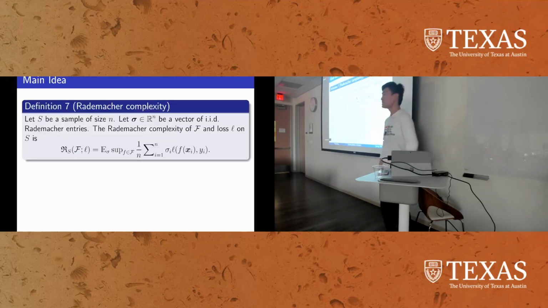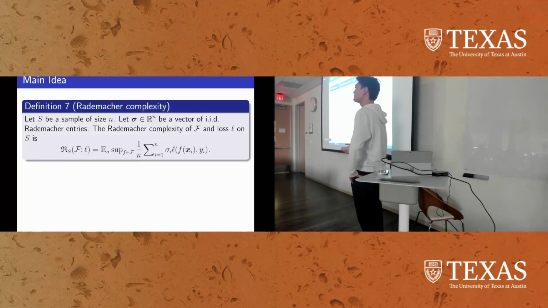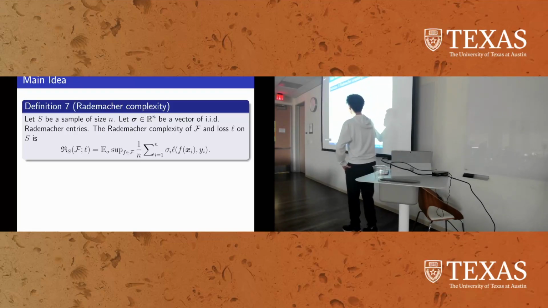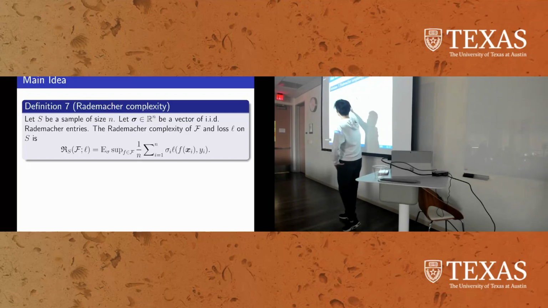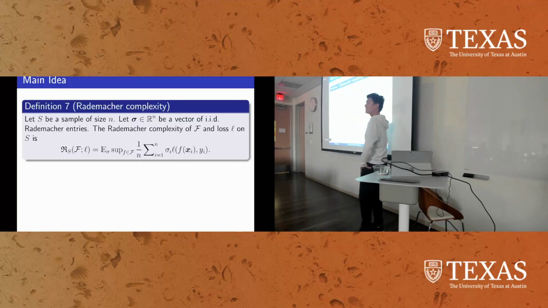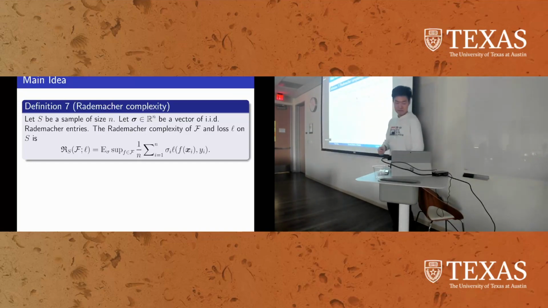In a continuous setting, the counterpart of the VC dimension is the Rademacher complexity. It's defined in a technical way, but the usual definition is the expectation of the supremum of the product of a Rademacher vector with the loss at every data point.